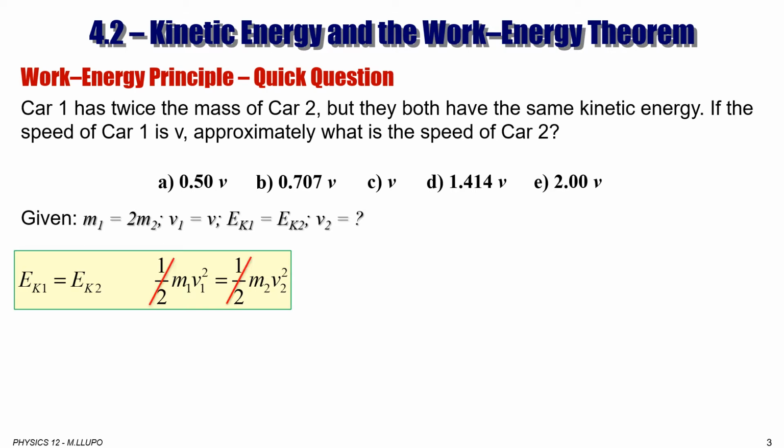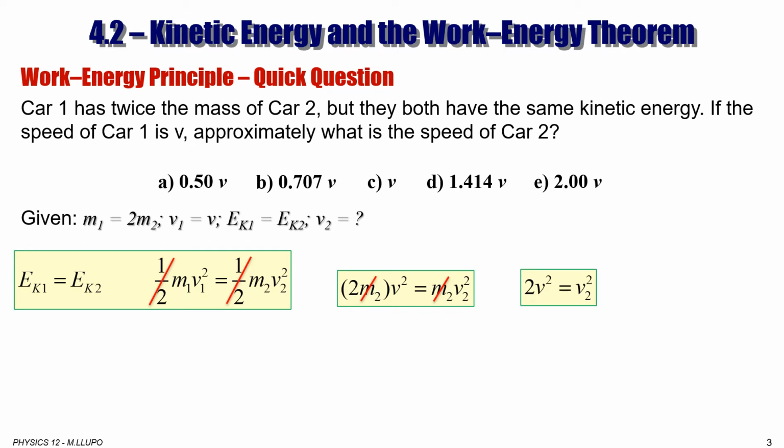Now, since we have two terms that are the same, you just get rid of those, and we have m1 v1 squared is equal to m2 v2 squared. But we do have another known, which is m1 is equal to 2m2. So instead of m1, we replace it with 2m2. And v1 is v, and v2 is unknown. So now we have only one unknown, v2.